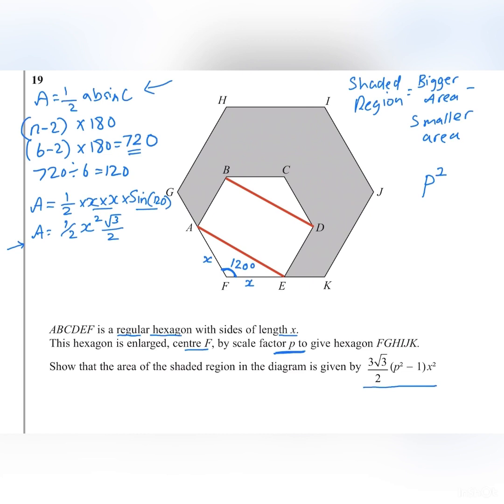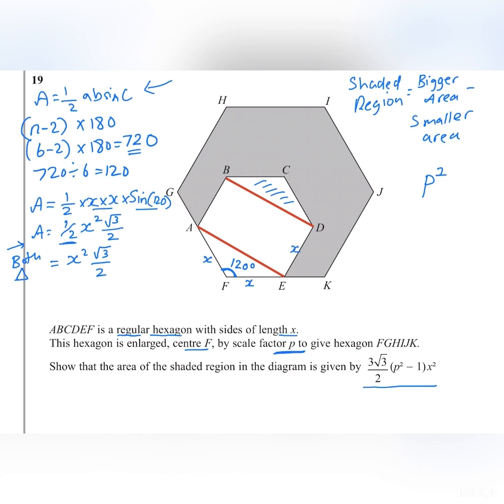Since the other triangle over here has exactly the same area, you can double that, or simply don't halve this area, because you're only going to end up doubling it as there are two triangles. So the area of both triangles is x squared root 3 over 2. Now the area of the rectangle.